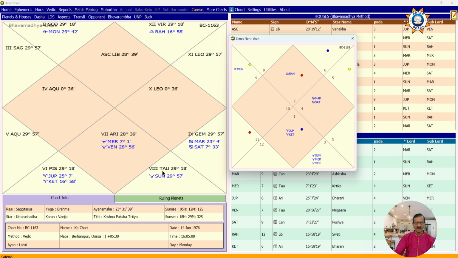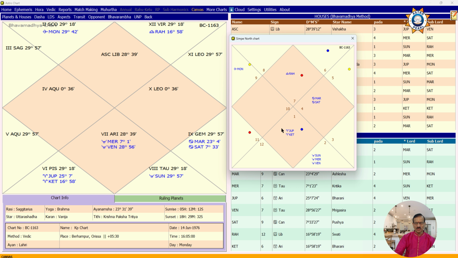Because the 8th house starts in Taurus at 29 degrees, but Venus is at 28 degrees 56 minutes, just behind by a few minutes. Therefore, it is coming in the 7th house. Mercury is very clearly at only 7 degrees in the Taurus sign, so it is behind Taurus 29 degrees, which starts the 8th cusp or 8th house. That's why Mercury and Venus have moved to the 7th house in Bhavchalita.